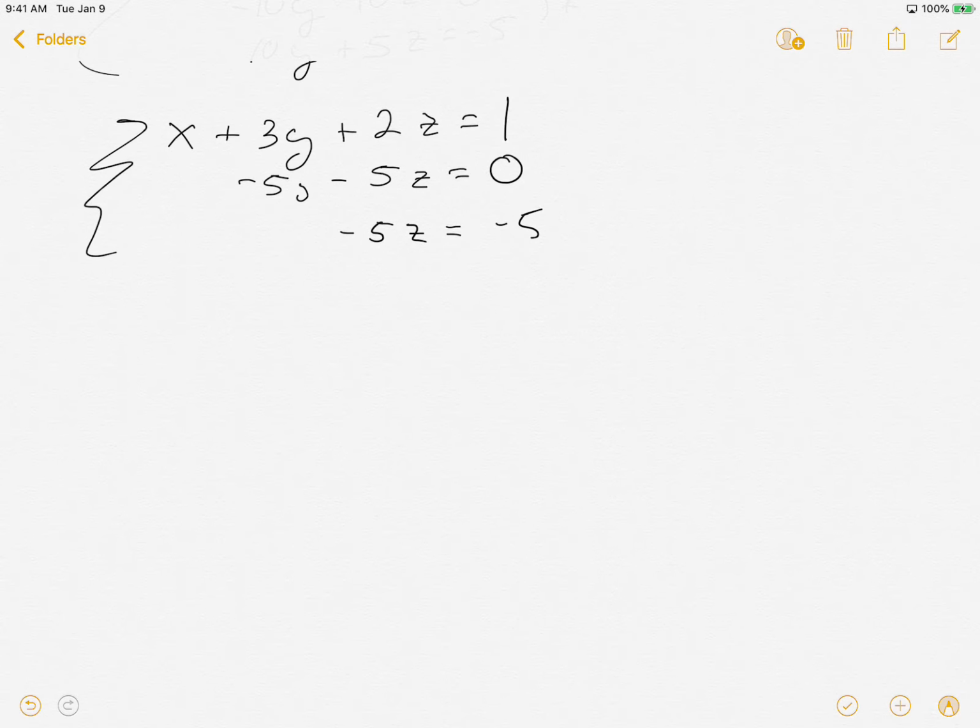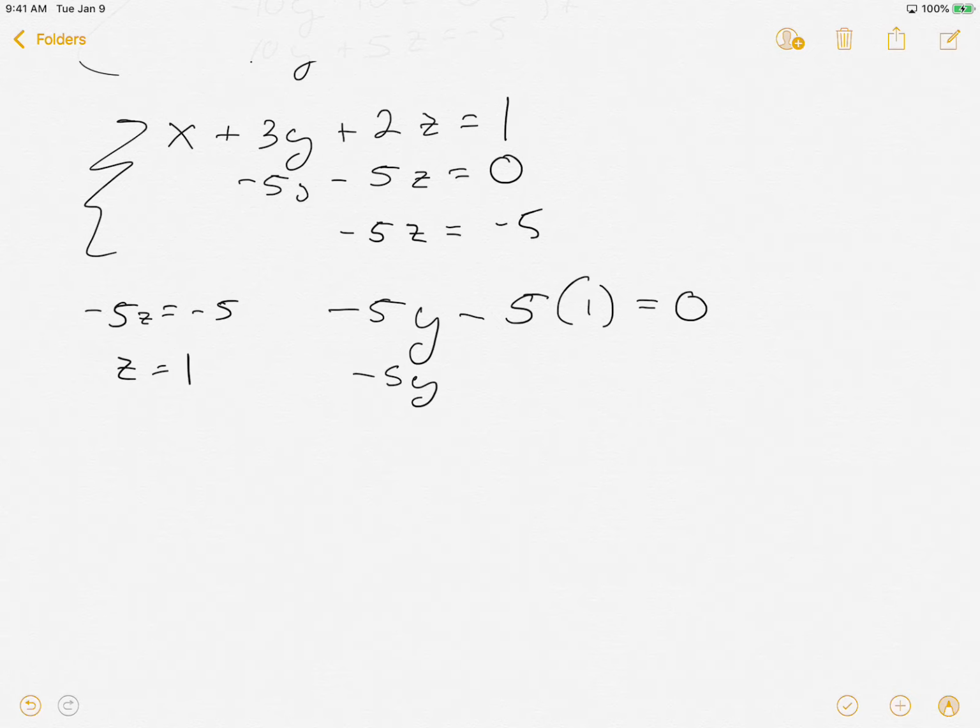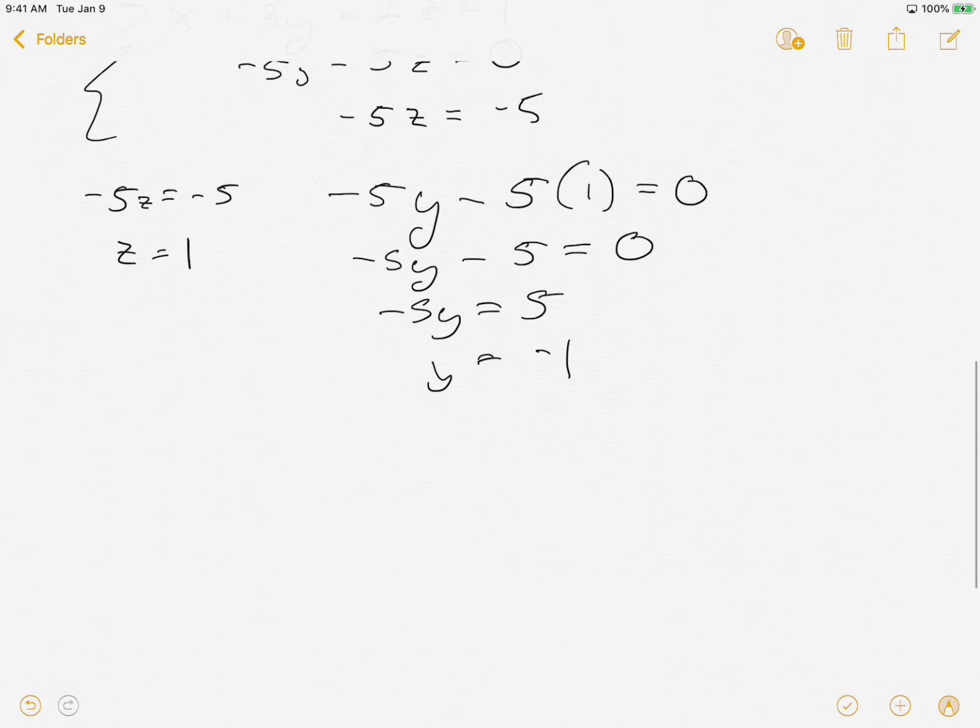So then here, you can see, given this guy, that z is 1. Substitute that into the second equation. Get negative 5y minus 5 is 0. Add 5 to both sides. Y is negative 1, not negative 2, negative 1.